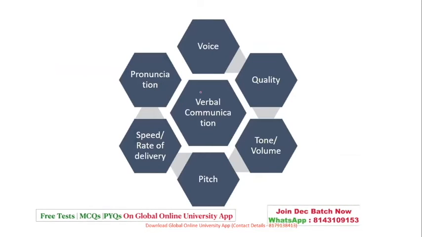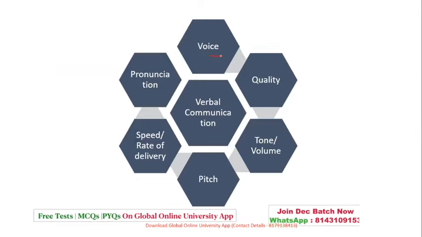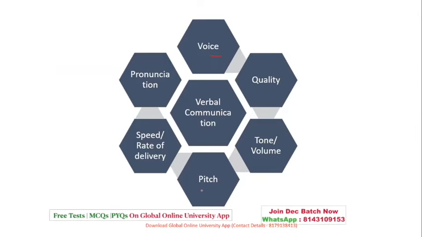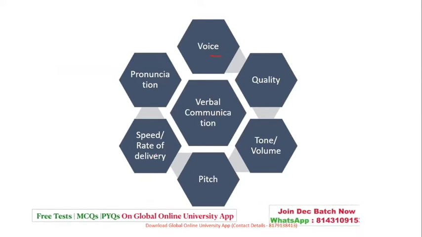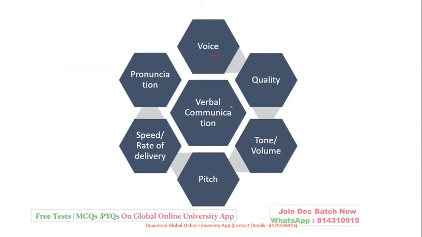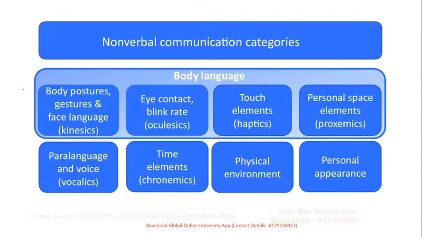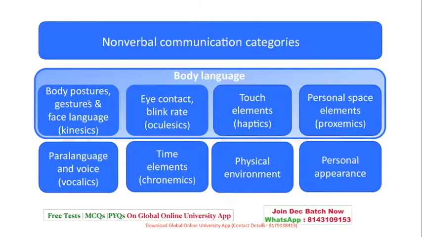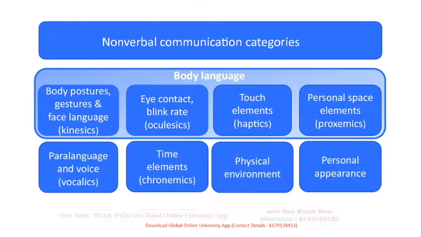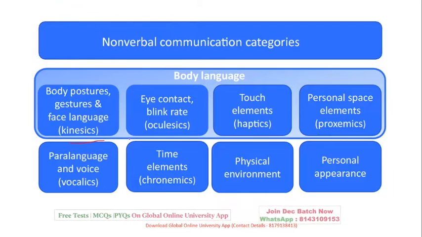Verbal communication, again quickly, includes your voice, quality, tone, volume, pitch, speed, rate of delivery, and pronunciation. These are all important components of verbal communication. Now, non-verbal communication has a basic different terminology, and questions were seen on this terminology.